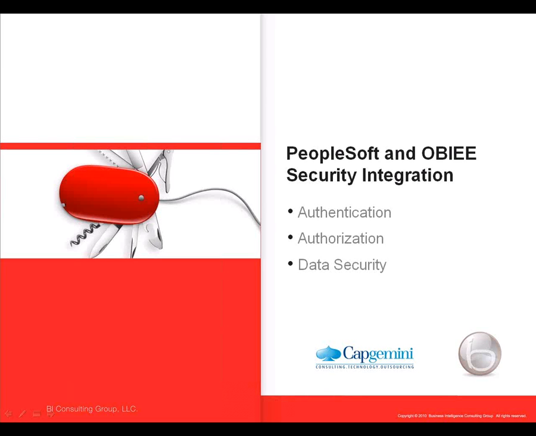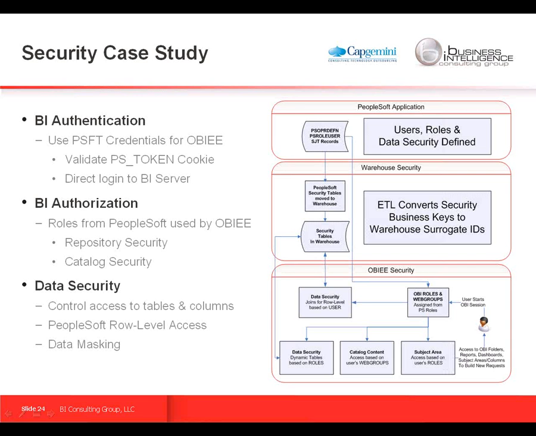So we're going to take a look at a case study here. It was a public sector entity where we used essentially all three of these areas of security, including using our PeopleSoft system to authenticate our OBIEE users.